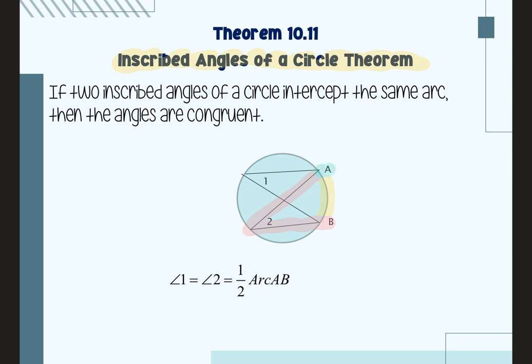If angle 1 intercepts the same arc, it would also be half its measure. This just puts it all together. So again, if two inscribed angles intercept the same arc, then the angles are congruent. So for example, if this arc was like 70 degrees, both of these would be 35 because they'd both be 1/2 that arc.